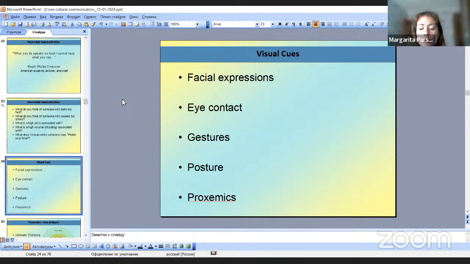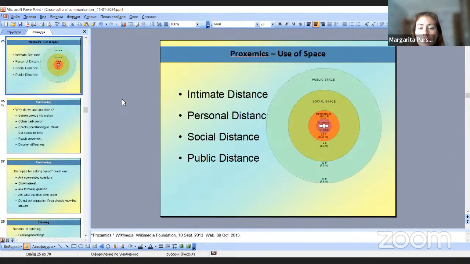Proxemics is the use of space when we're talking between people. We look through four distances: intimate distance, personal distance, social distance, and public distance.